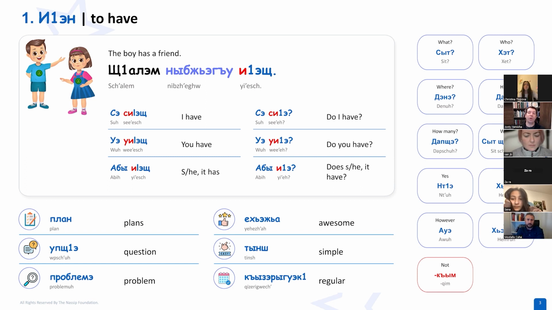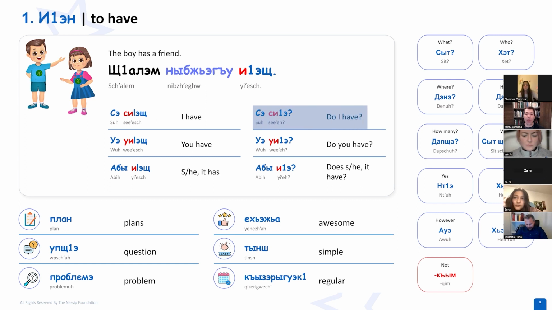Some of you might have also heard us at the end. So if I say sa si es, or if I say sa si es, these are both correct. It's always going to be spelled the way it is on the screen, but they're both correct.